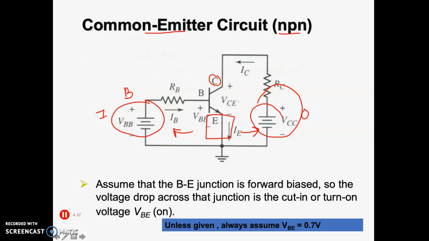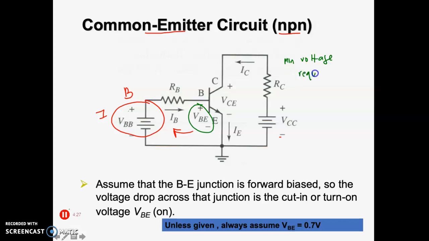Between B to E, you have a voltage that we call VBE. What is VBE? It is the minimum voltage required to turn on your BJT.